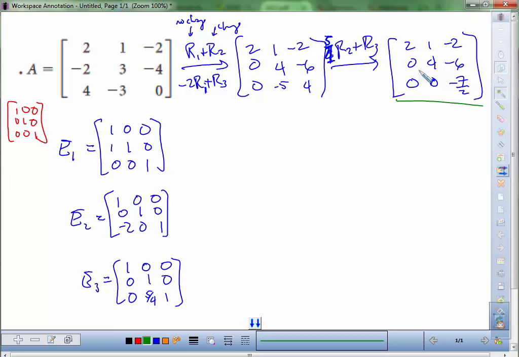An upper triangular matrix has zeros on the lower part and non-zeros on the upper part. The lower or upper refers to the non-zero portion of it. So the lower triangular matrix is this.